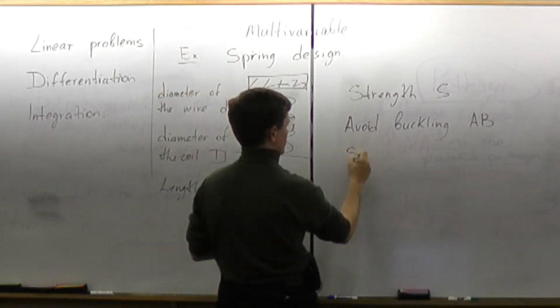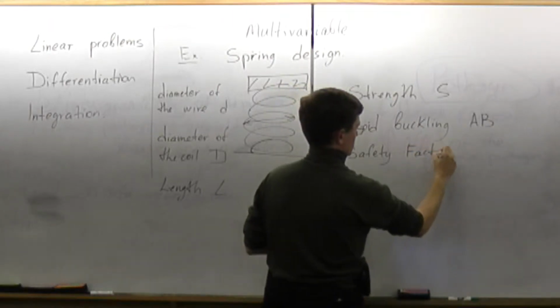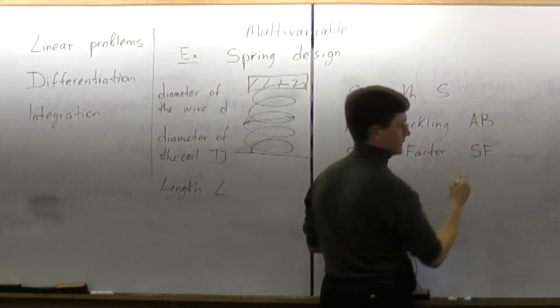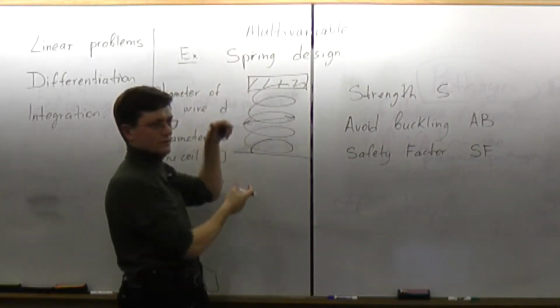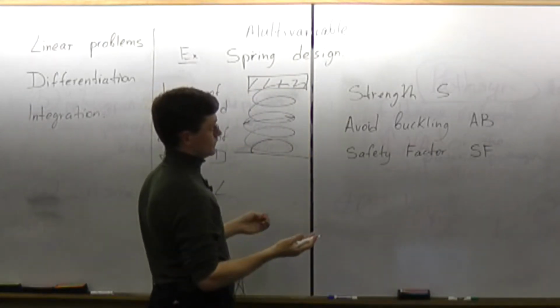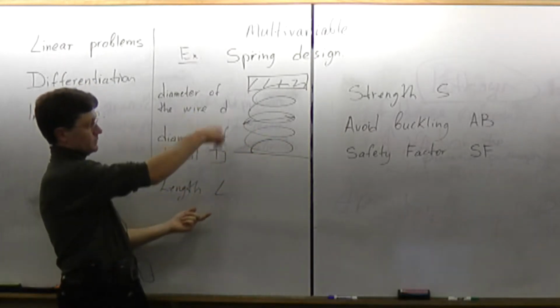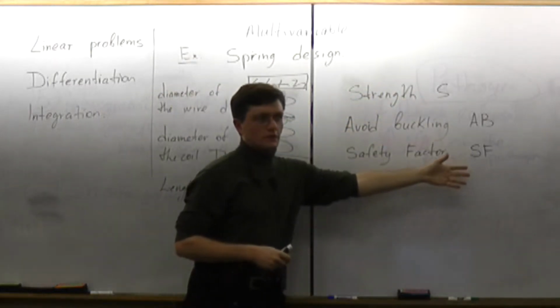What else? Safety factor. That is also going to be a number. Let me call it SF. A number that measures how likely the spring is to break. So, what I want as a spring designer is to play with these parameters to achieve certain parameters on the output.